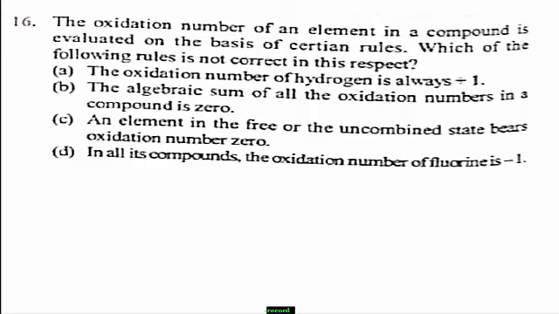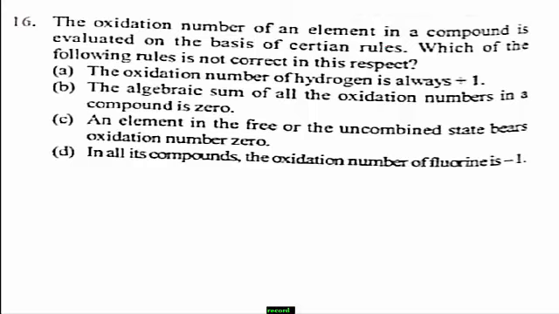The given options are: option A, the oxidation number of hydrogen is always +1; option B, the algebraic sum of all the oxidation numbers in a compound is 0; option C, an element in the free or uncombined state bears oxidation number 0; and option D, in all its compounds, the oxidation number of fluorine is -1.